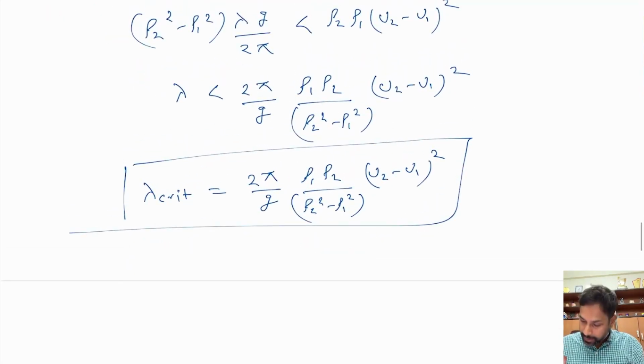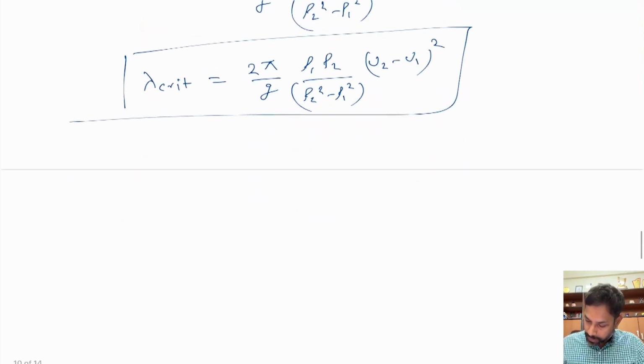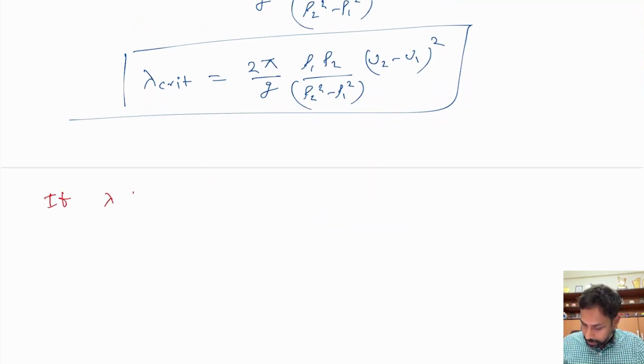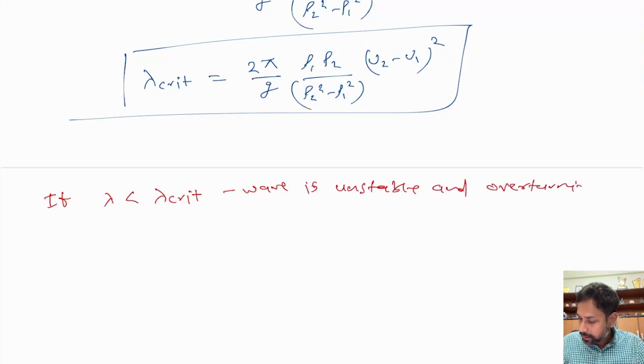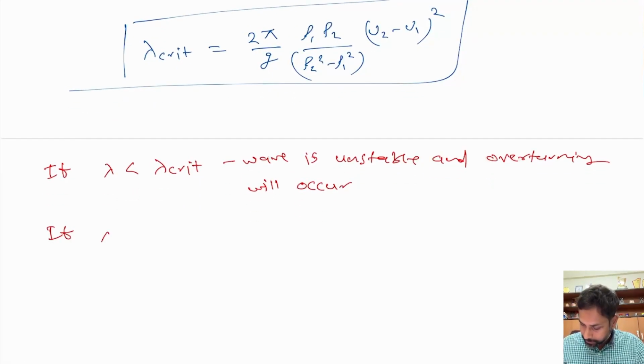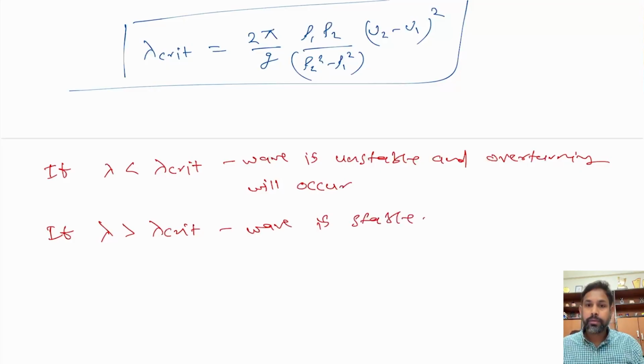So this is the critical wavelength of the wave below which the wave is always unstable and beyond which the wave is always stable. If lambda is smaller than lambda critical, the wave is unstable and overturning will occur. If lambda is greater than lambda critical, then the wave is stable, right?